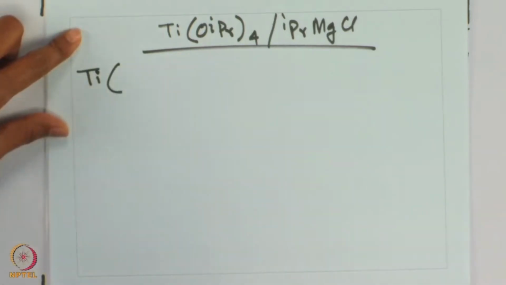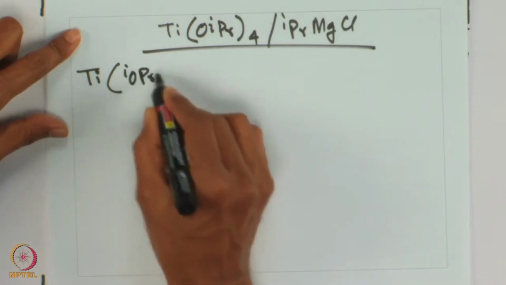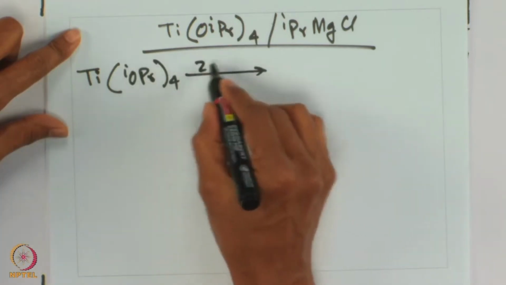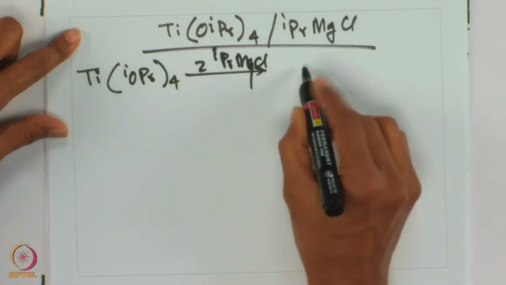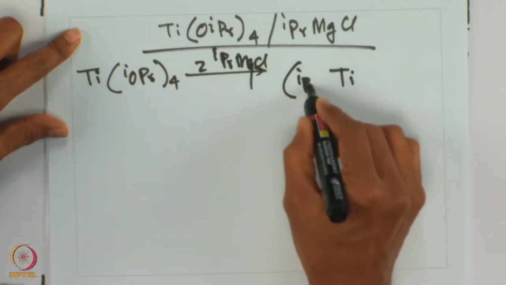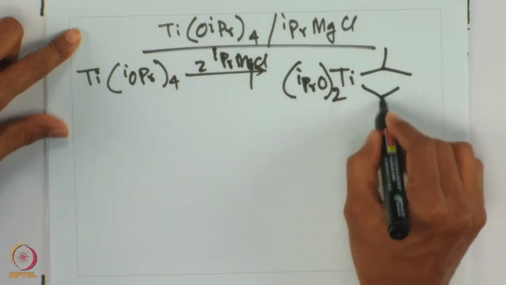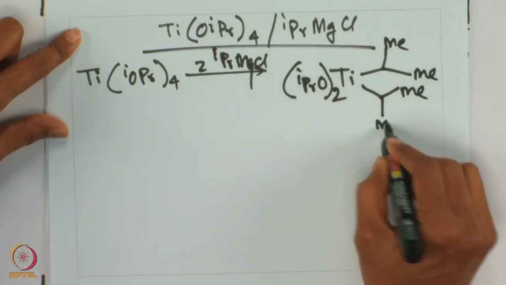Let us say, for example, we have titanium tetraisopropoxide and we are reacting with 2 equivalents of isopropyl magnesium chloride. Overall, what we will get is the titanium diisopropoxide intermediate along with the diisopropyl unit that is coming from here, right. So, overall we will get this intermediate first.